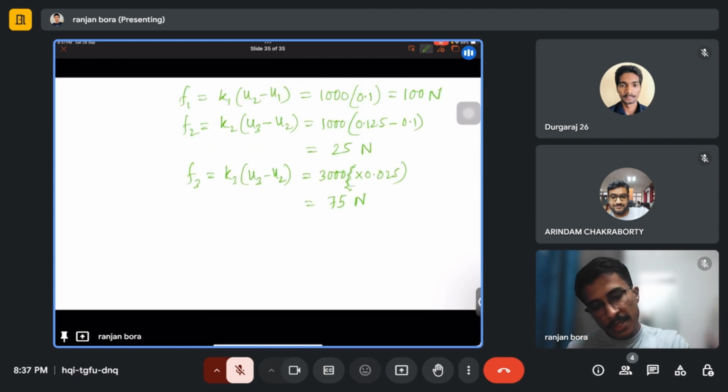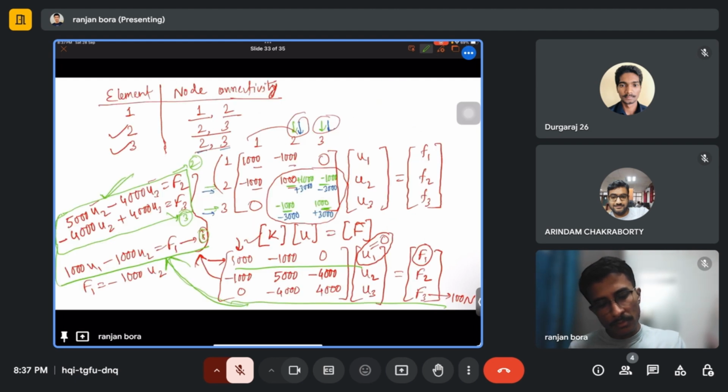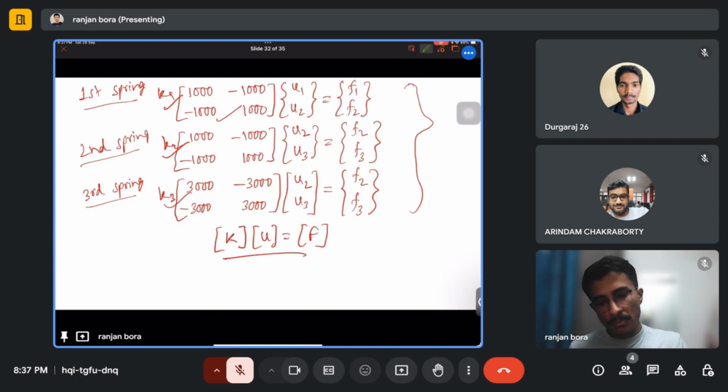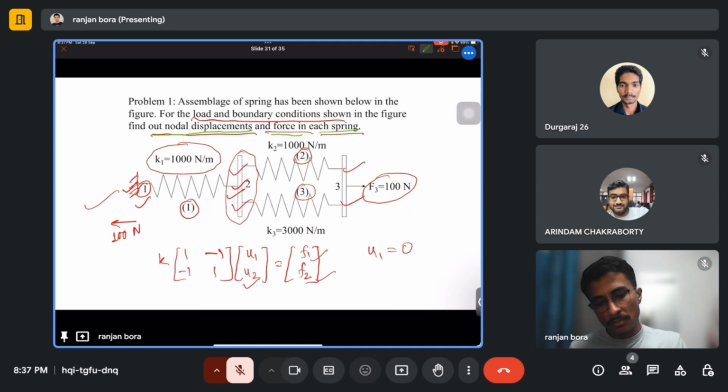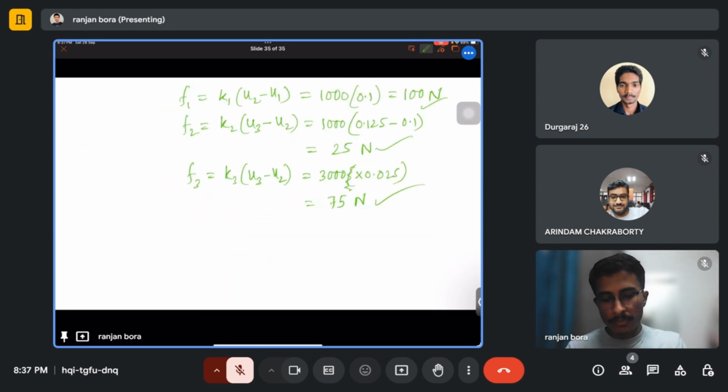So these are the forces in each spring. I think it is clear to you. Do you have any doubt?